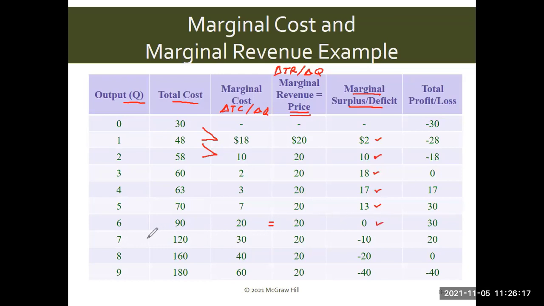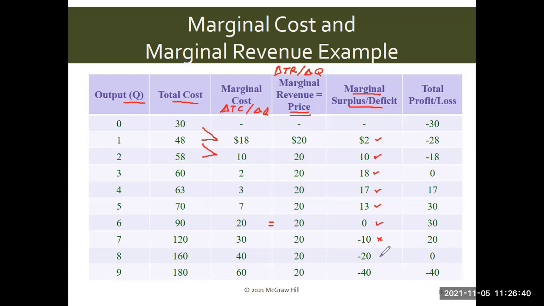But let's keep looking. What about the 7th unit? Now its marginal cost is 30 for that 7th unit, but we can only get the price of 20. So the marginal surplus turns into a marginal deficit, and we don't want to produce that unit. Then we look at unit number 8. We see its marginal cost is 40. The marginal revenue or the price is 20.